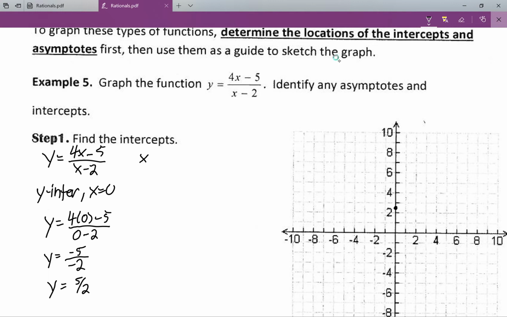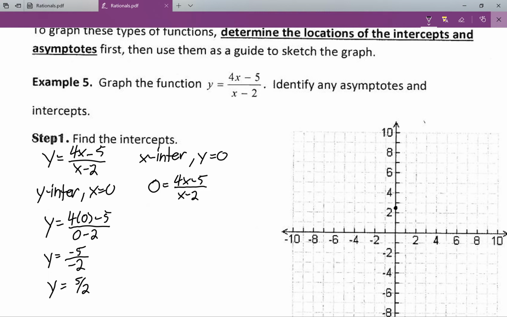Now, my x-intercept. Well, finding my x-intercept, we know that y is going to be equal to 0. So I substitute the 0 in for the y, and I get 0 equals (4x minus 5) all over (x minus 2). From here, there's two ways that I can handle this.